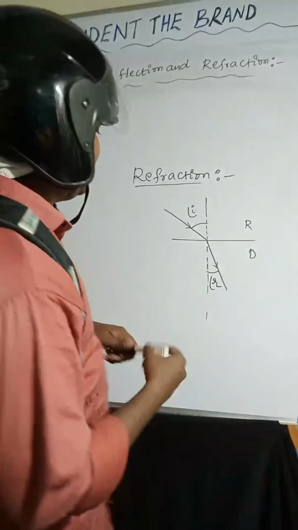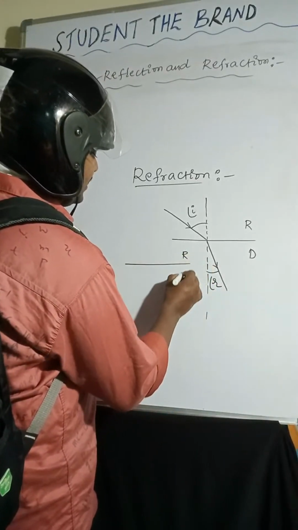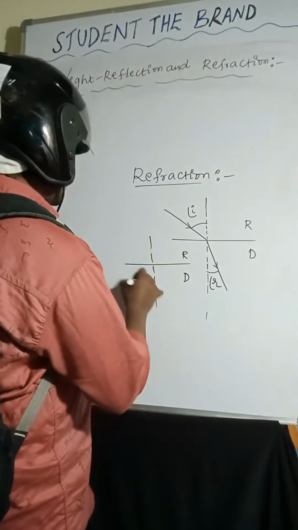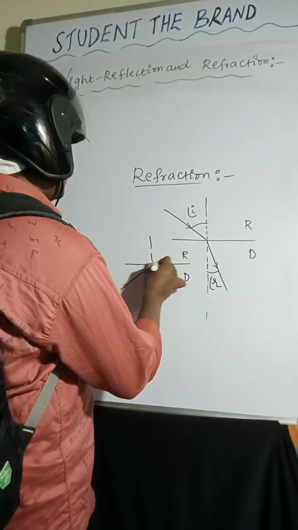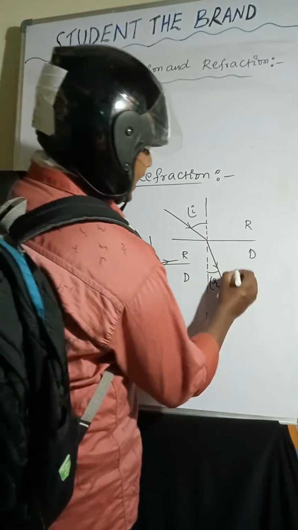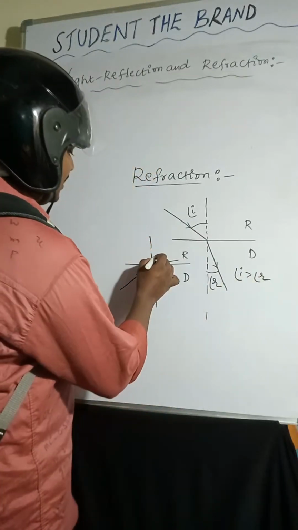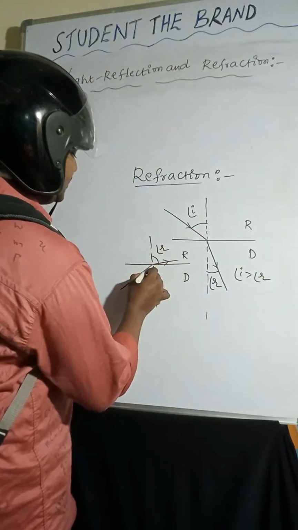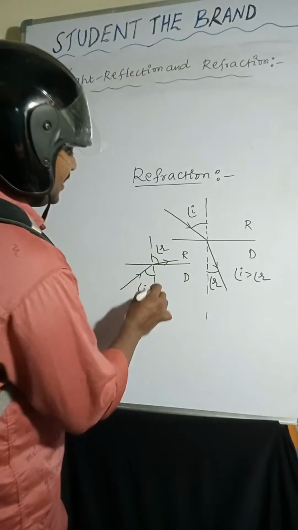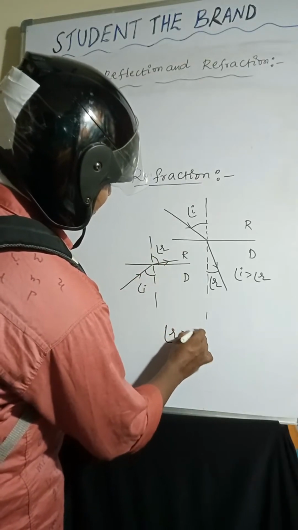If the light ray is moving from denser to rarer, the light ray will move away from the normal line. In this case, the angle of refraction is greater than the angle of incidence.